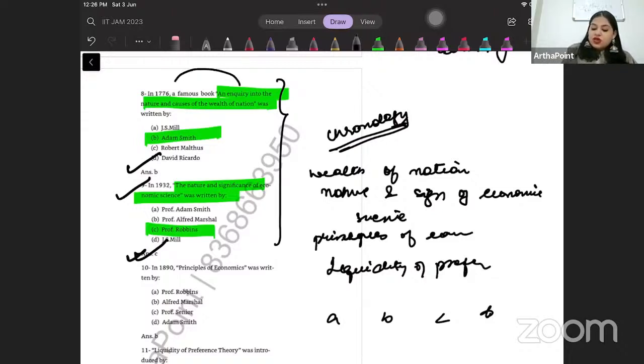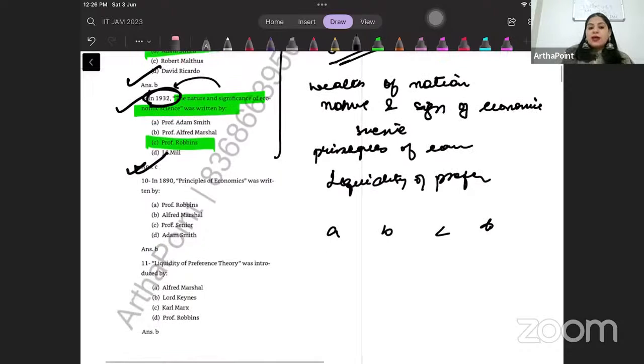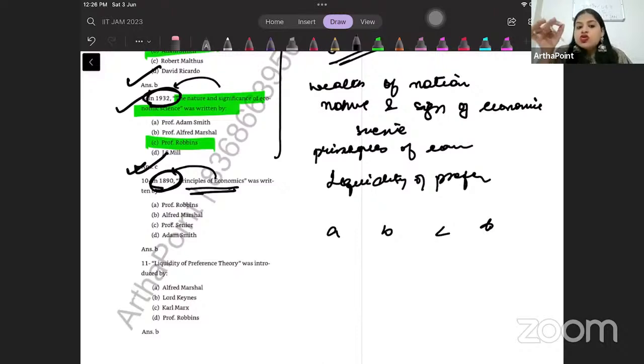So जैसे Wealth of Nation was given in 1776, right? Like this was given in 1932, right? Like for example, Principles of Economics was given in 1890, right? So you should also remember the year, beta, in which it was given. It is very, very important.